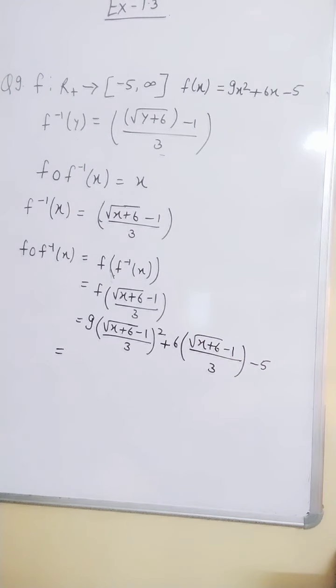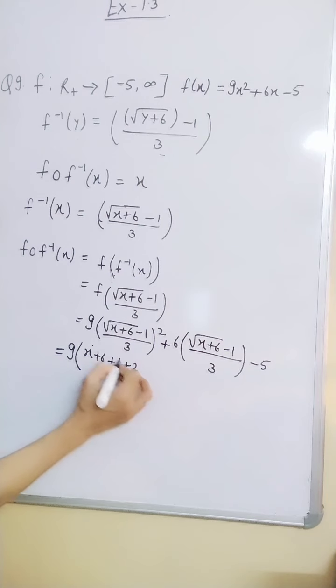Now let's solve this. 9, and this is what? 3 square means 9, so we can cancel this out, or you can cancel it later also. Square, a minus b whole square, so a square means x plus 6, right? Then 1 square plus 1, and then 2ab.